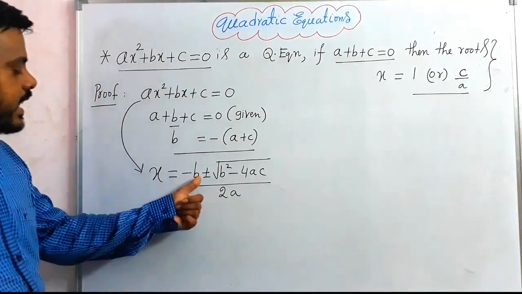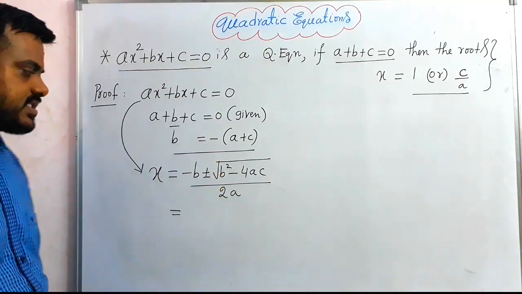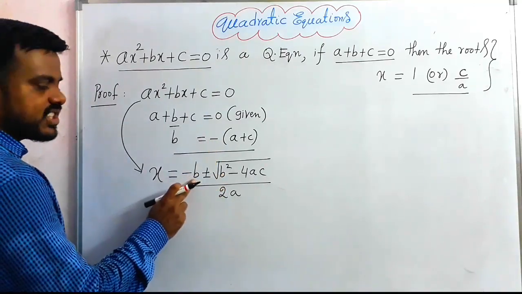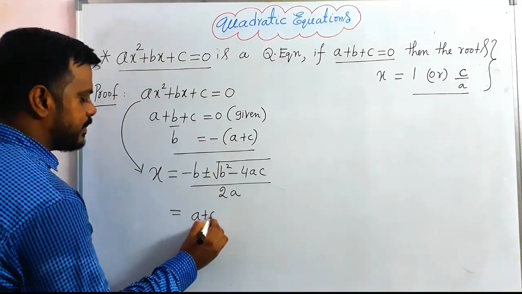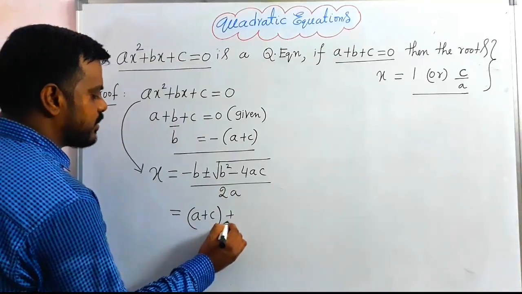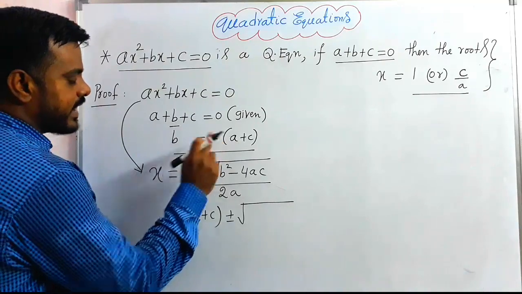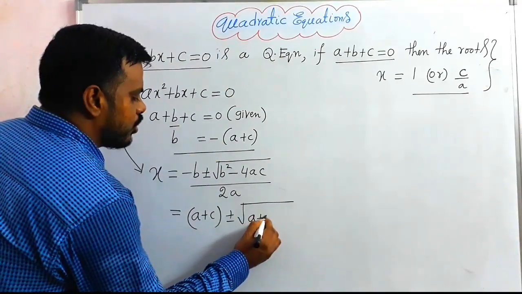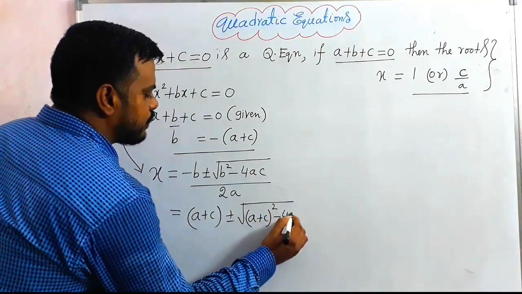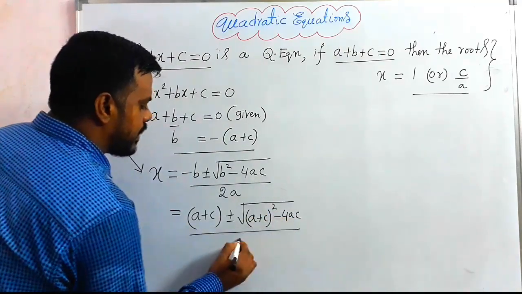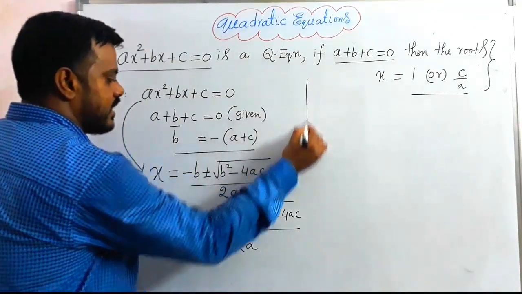Now here in the place of b you substitute minus of a plus c, then it will be a plus c plus or minus root over b square, nothing but minus of a plus c whole square, which we can write as a plus c whole square minus 4ac, whole by 2a. This is all equal to x.